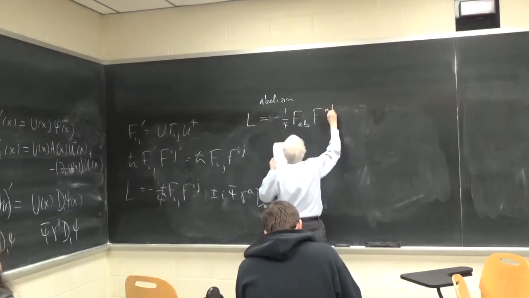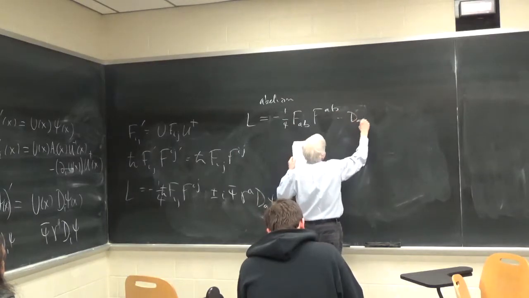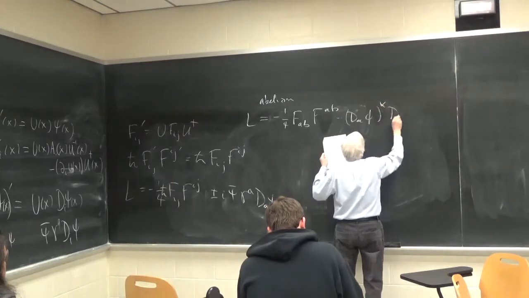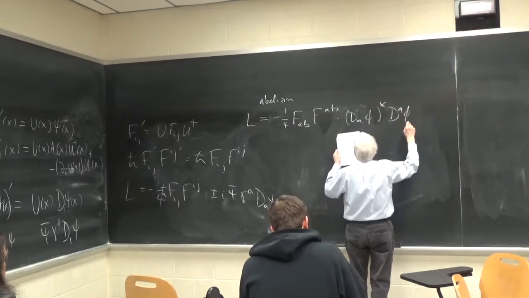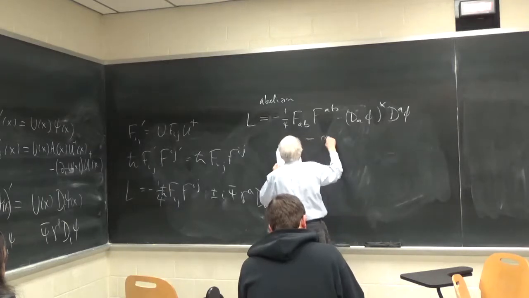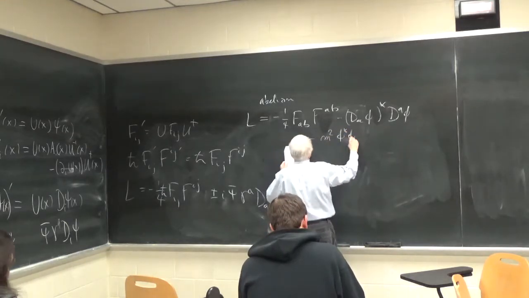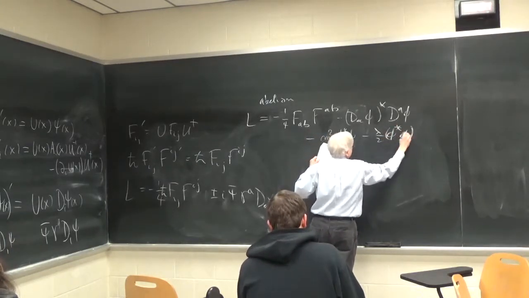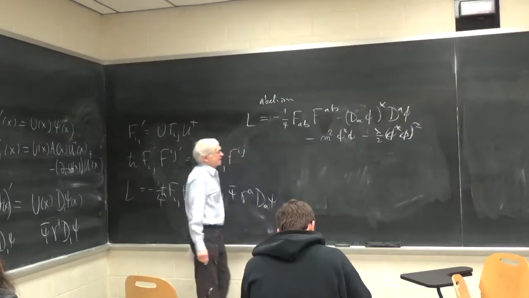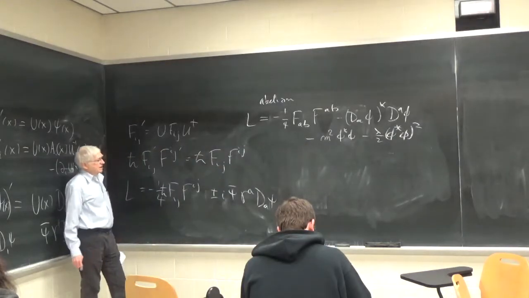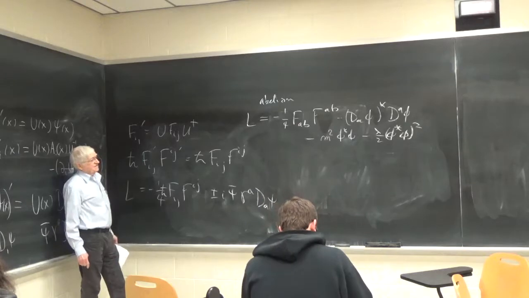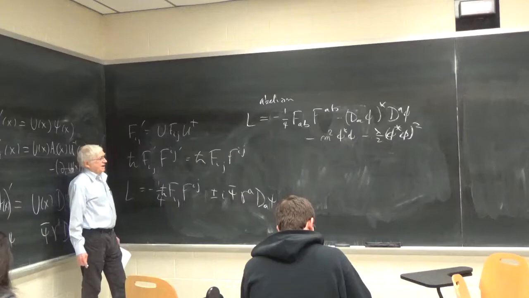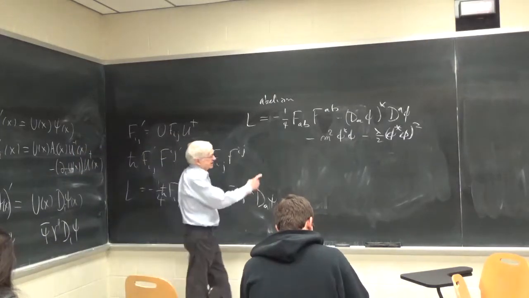This would then be F_AB minus D_A, but a complex field phi. This would be a theory of a complex scalar field, mass m, interacting with the electromagnetic field, say.